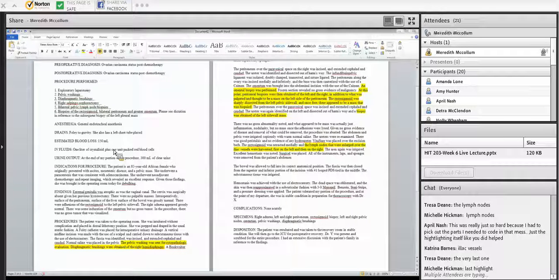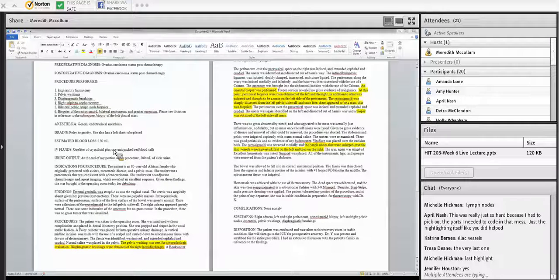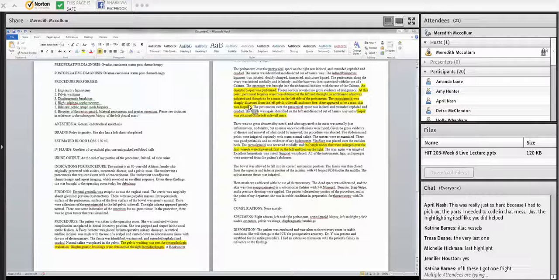And Jennifer, you're confused with the pelvic lymph node biopsy? Okay. On how to code it, or is that what you mean?